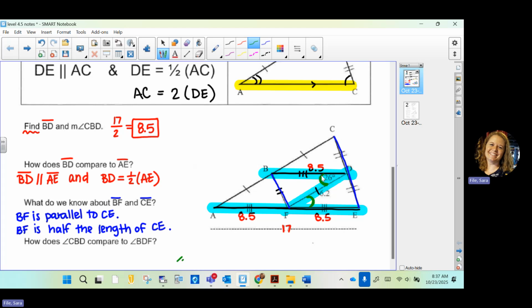Okay, so I'm going to erase this highlighting. So bear with me a sec. What if we look at this one over here as the transversal? So we have those same parallel lines, but now we're going to look at this as the transversal. I need to highlight a little more of it there. Okay, we can look at corresponding angles.